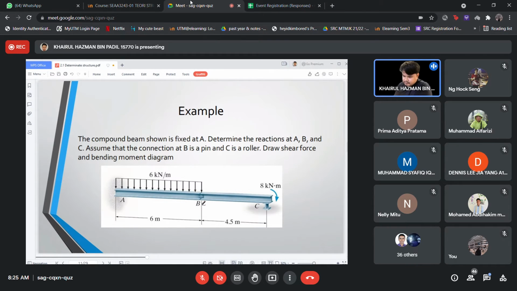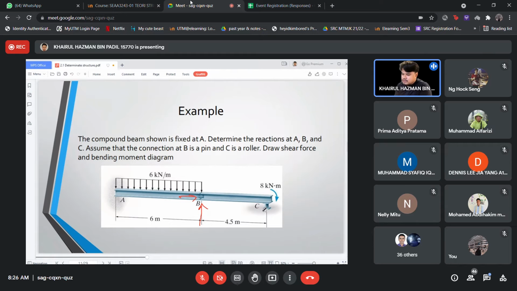So at B, we have a pin support, so there will be two reactions here.